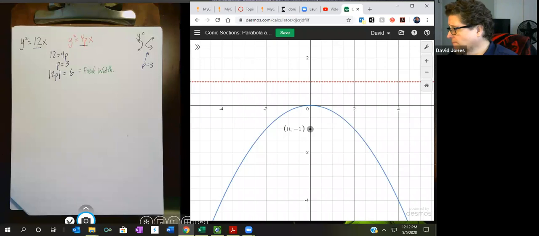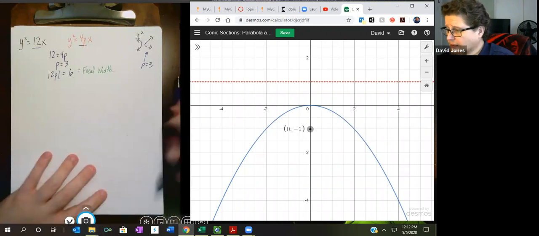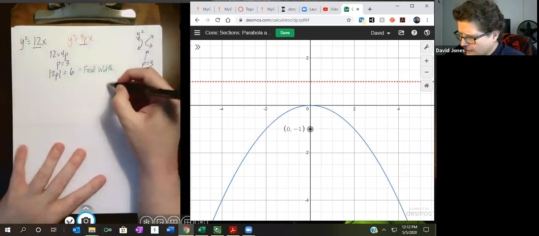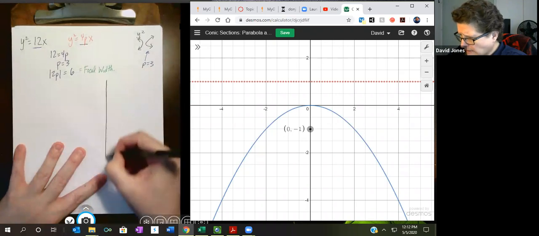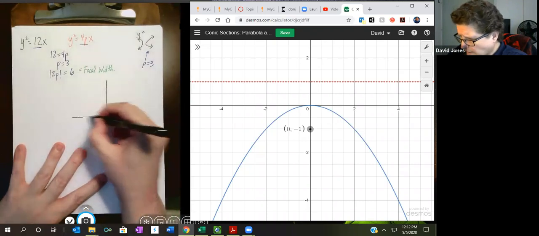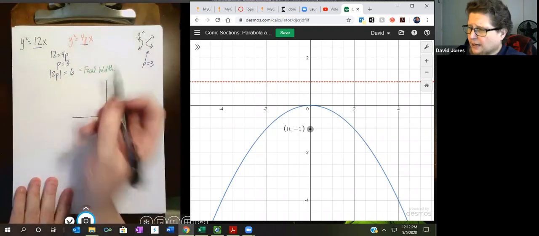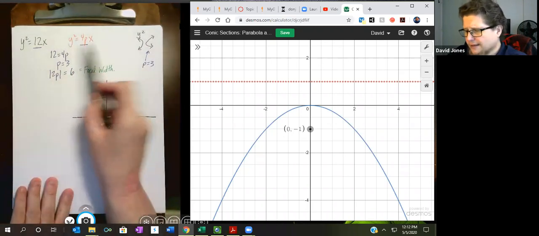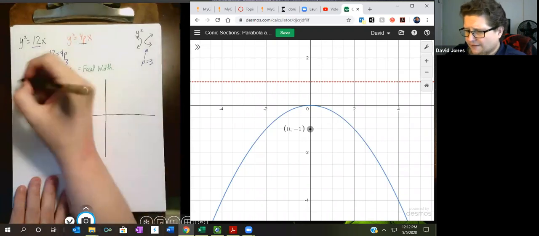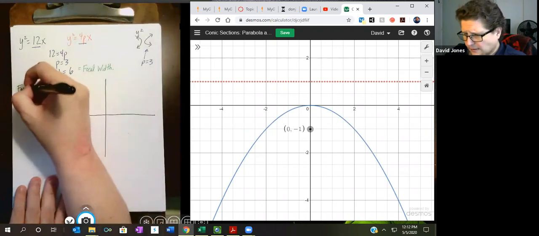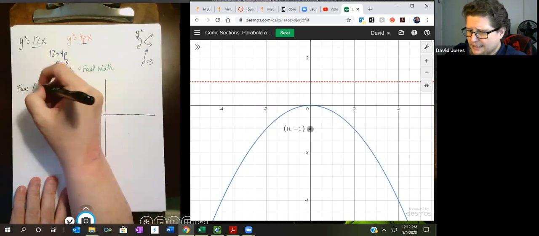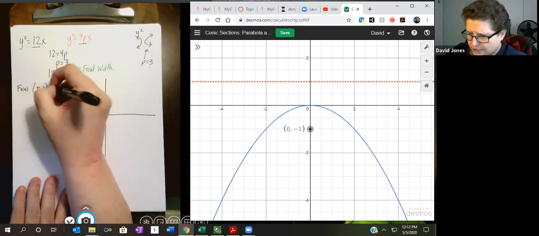Okay, so let's give it a sketch. P equals 3, which tells me on this left or right thing, I have a focus at p, 0, which is 3, 0.